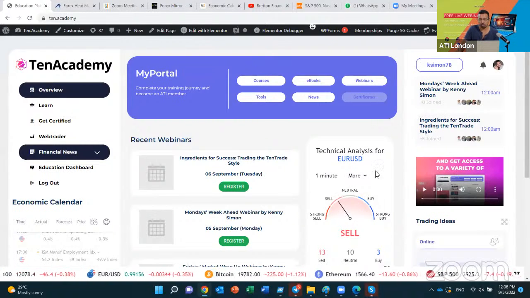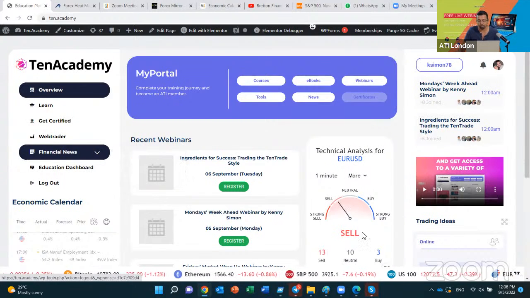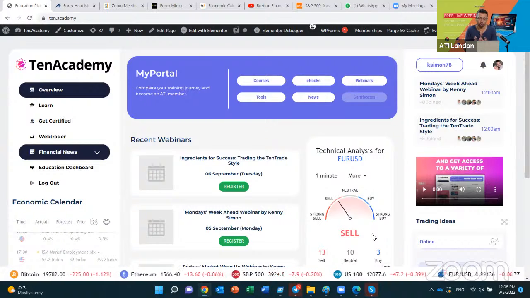We've got various tools, as you can see. We have the financial news streamed from Forex mirrors, and we've got tools very close to a heat map style, but more like a dashboard, from different instruments to different time frames.